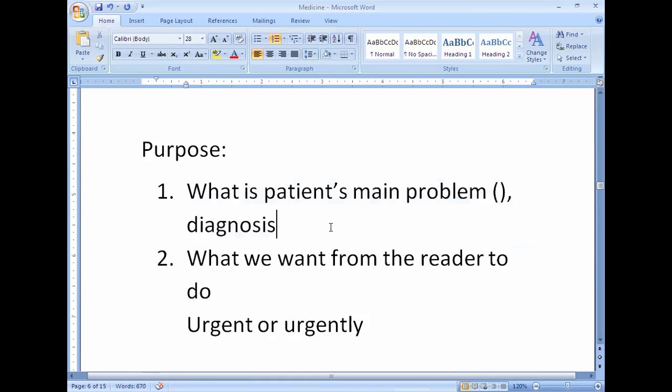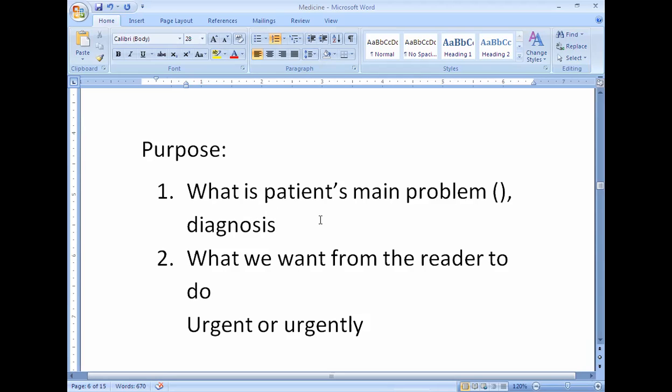Sometimes in nursing or pharmacist letters it is not a diagnosis, it is another kind of issue. The patient may be having adverse effects of medication in pharmacist letters, or in a nursing letter you may be writing for community education, or about some community problem. So any kind of issue.